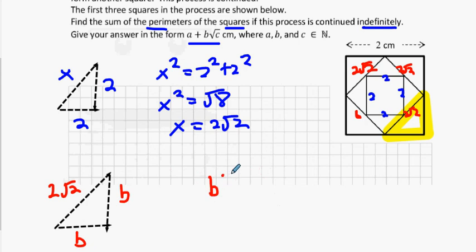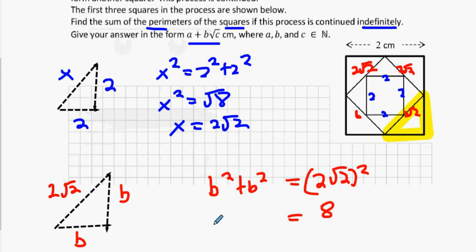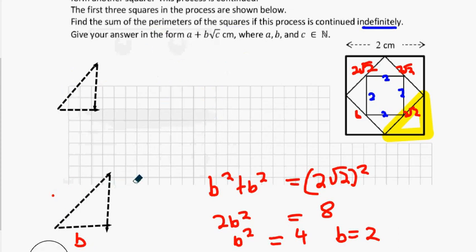B squared plus B squared equals 2 root 2 squared. 2 root 2 squared is going to be 8. 2B squared equals 8, B squared equals 4, B equals 2. So this one here is going to be 4.